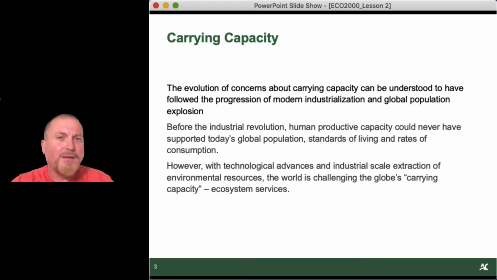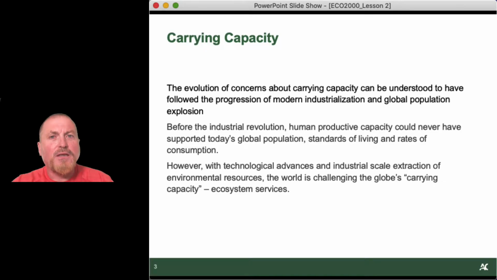Could it be threatened through war during medieval times and so on in very constrained geophysical areas? Yes, the environment could be seriously harmed, but on a global ecosystem basis, on a global natural capital basis, prior to the Industrial Revolution, we didn't have massive industrial scale exploitation of our natural resources.